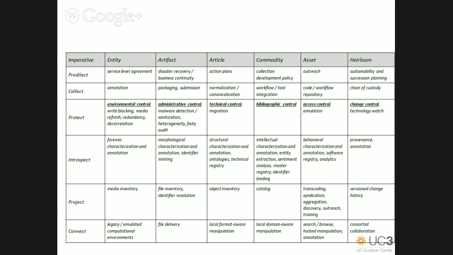I think that this corresponds very strongly to these types of concerns regarding environmental control when you're dealing at the media level, administrative control when you're dealing with purely opaque bits of content, technical control when you start to have some syntactic transparency, bibliographic control at the level of semantic transparency, access control when we start to talk about executable behaviors, and then finally change control when we're dealing with the effects of changes over time.